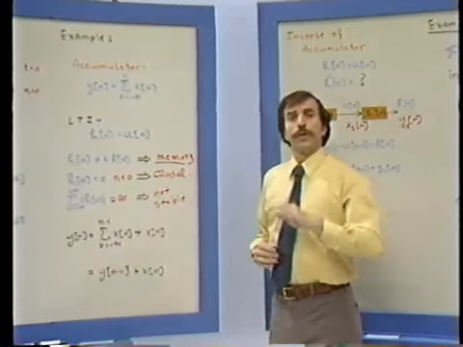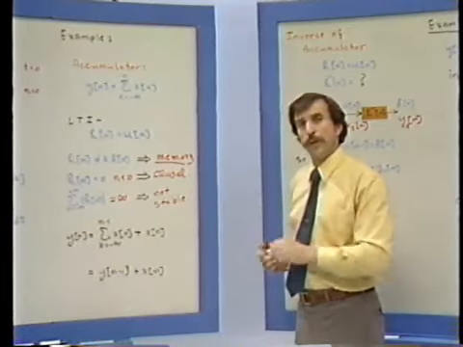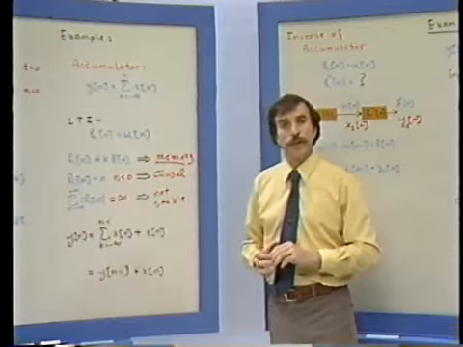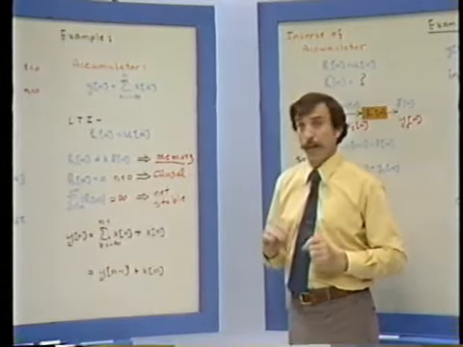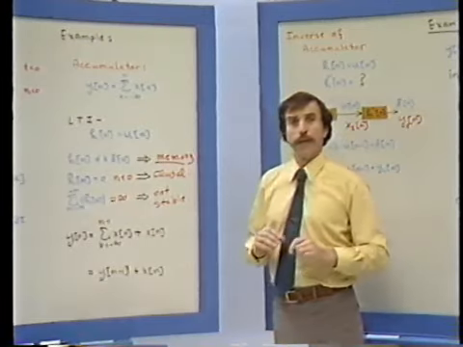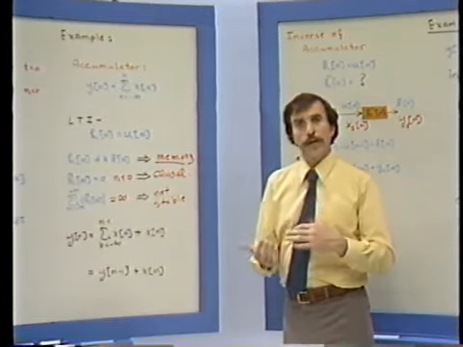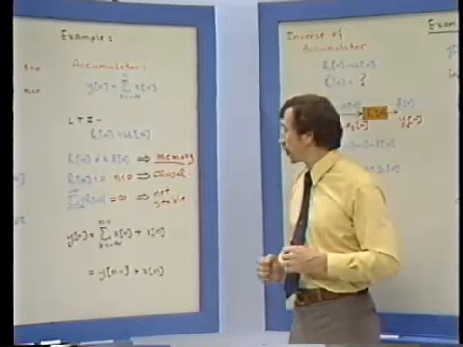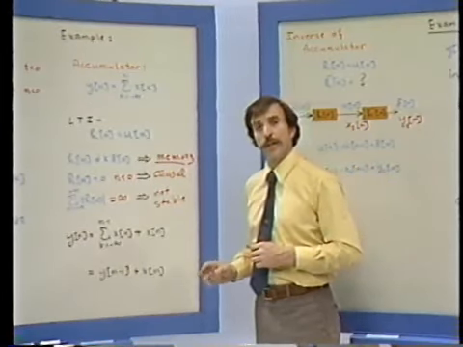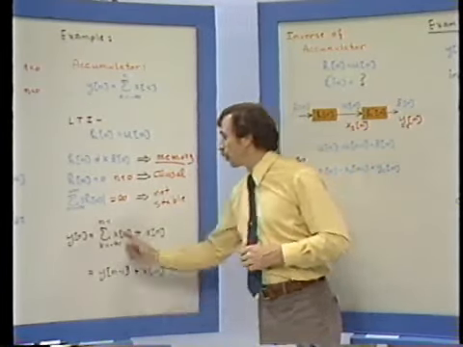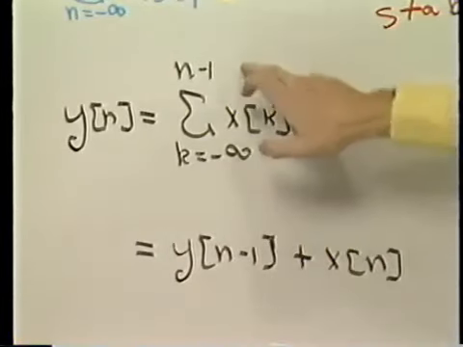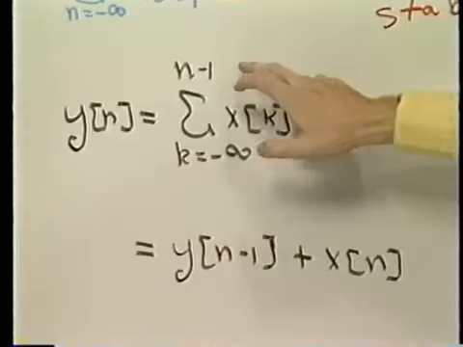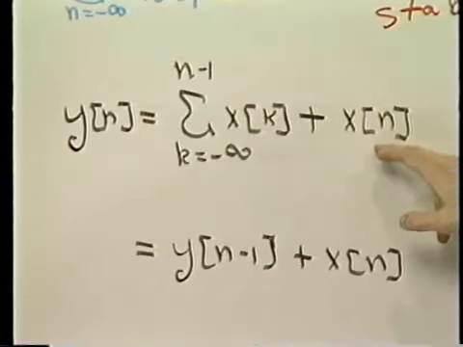Now, I want to turn to some other systems, but while we're on the accumulator, I just want to draw your attention to the fact, which will come up in a variety of ways again later, that we can rewrite the difference equation for an accumulator by recognizing that we could write the output as the accumulated values up to time n minus 1, and then add on the last value.